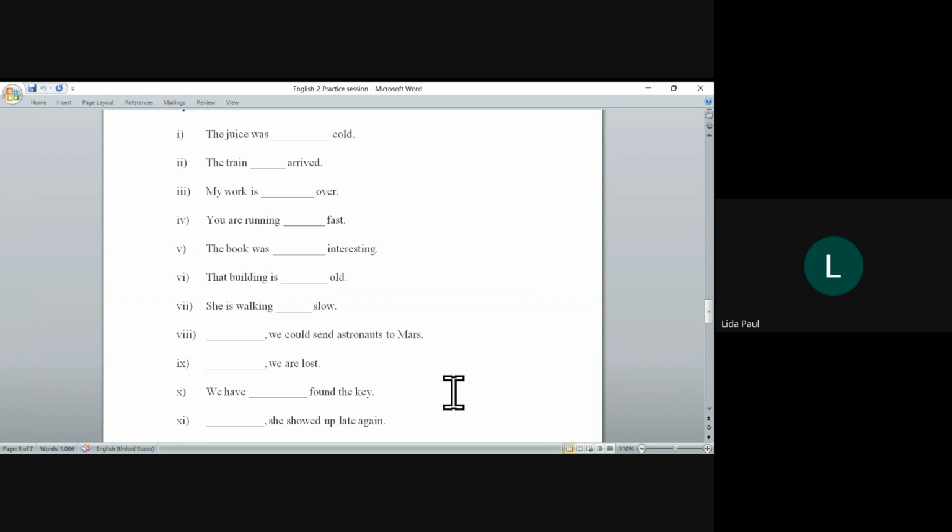She's walking dash slow. Quite. Quite slow, too slow, rather slow. Okay. Dash, we could send astronauts to Mars.